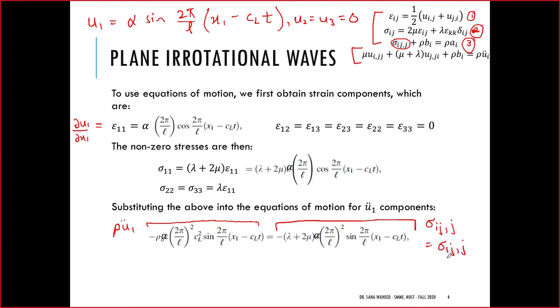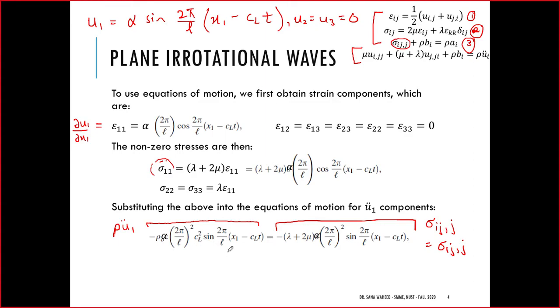The nice thing is that only sigma 1 1 comes into effect, right? Sigma 1 2 is 0, sigma 1 3 is also 0 and so on. So it's only sigma 1 1 which is of importance to us, differentiated with respect to j, which is 1, and that's what's been done right here.